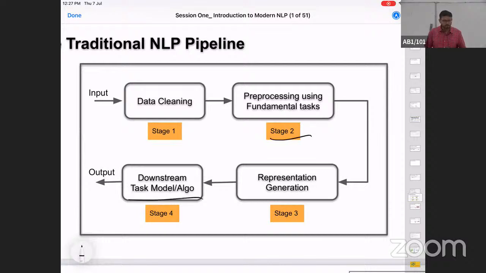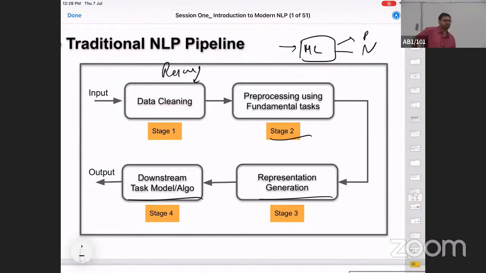And then maybe you want to create an ML model to do some task. For example, maybe you want to create a sentiment tool which predicts the sentiment of a review. You will pass this review sentence, first clean it, then pre-process it using the fundamental tasks. Then you will create some kind of representation of that review sentence, and then you have an ML model. I hope you have seen logistic regression and other ML models. You pass that representation through this ML model, and it will say whether this is positive or negative.